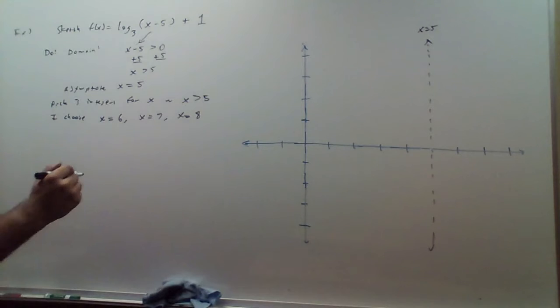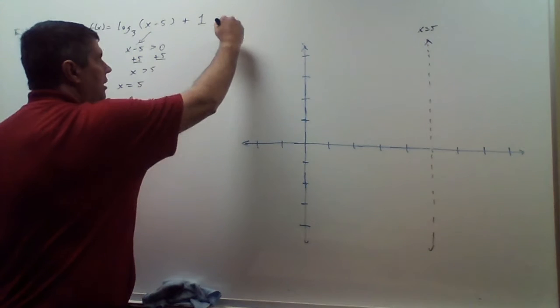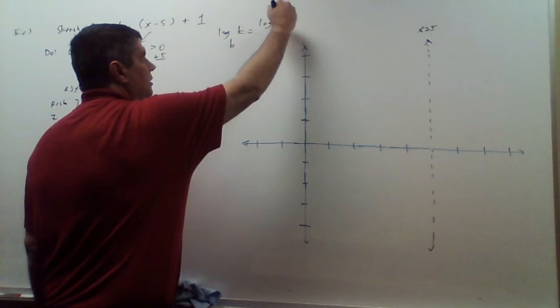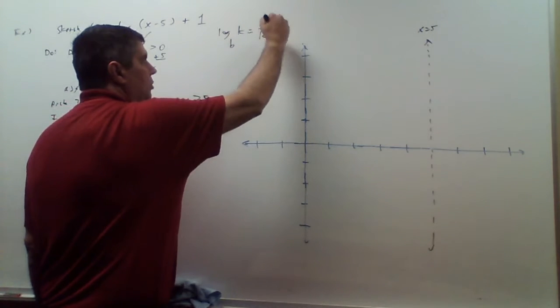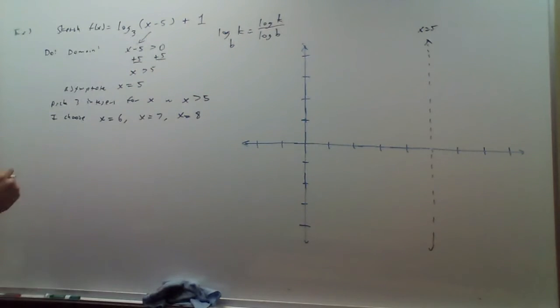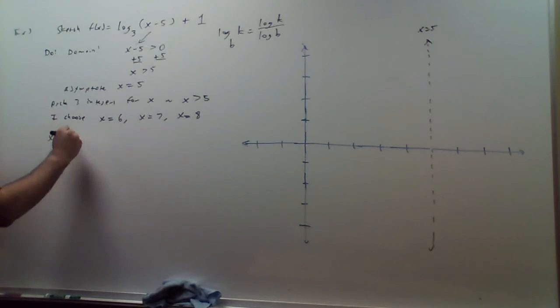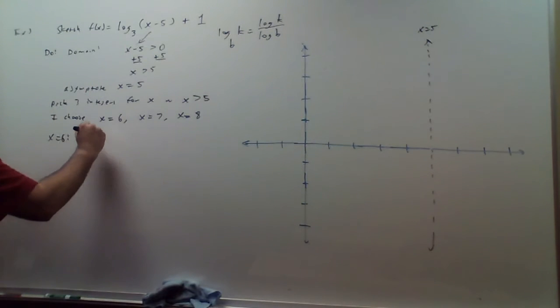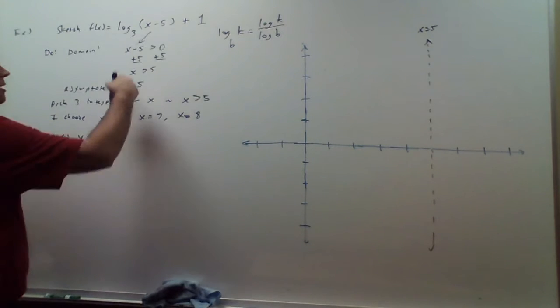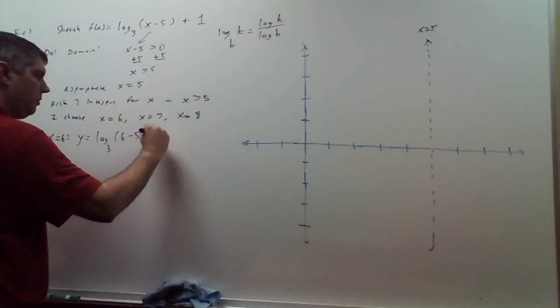A fact that is helpful is that log base b of k is log of your number over log of the base you want to use. We'll be using that to do these. So at x equals 6, y equals log base 3 of 6 minus 5, plus 1.